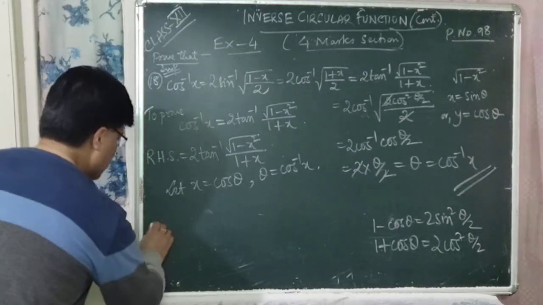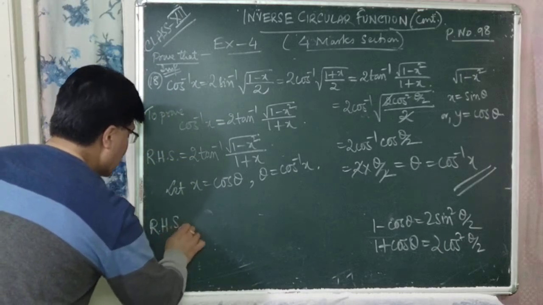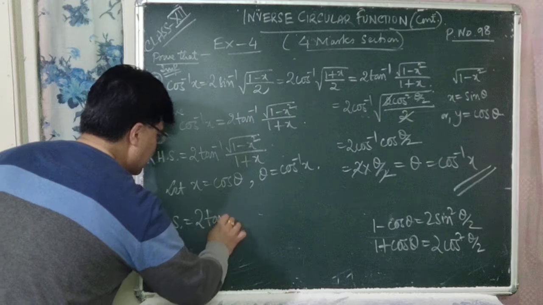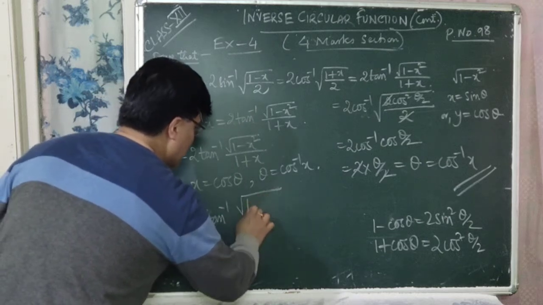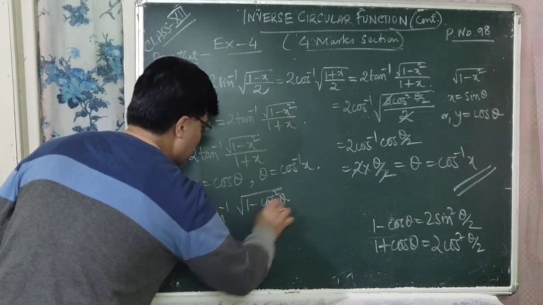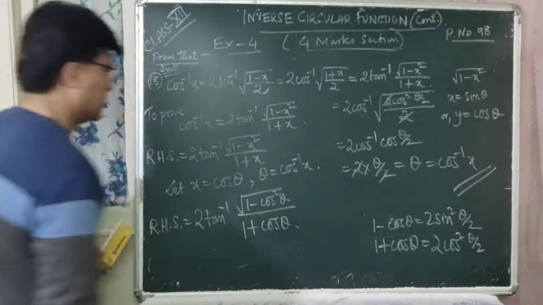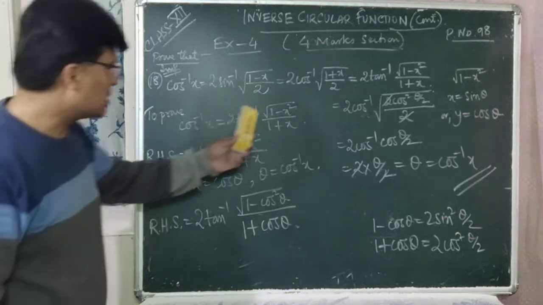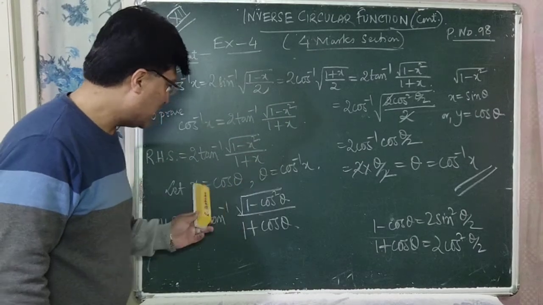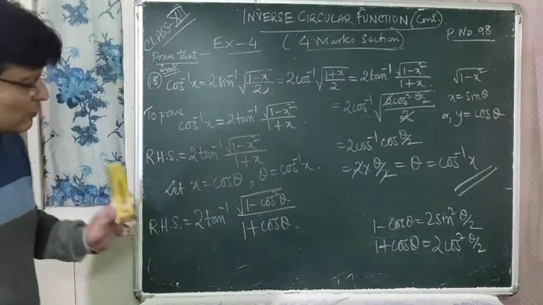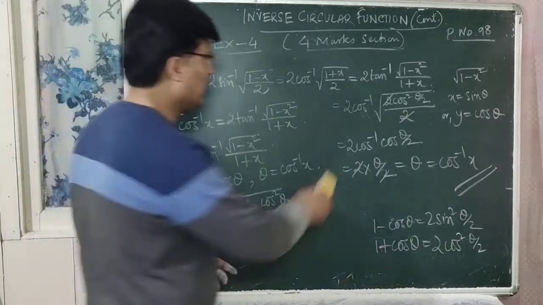Now RHS is equal to 2 tan inverse of root of (1 minus cos square theta) divided by (1 plus cos theta). Okay? So instead of x, we are putting x is equal to cos theta. Now let us simplify it once again.